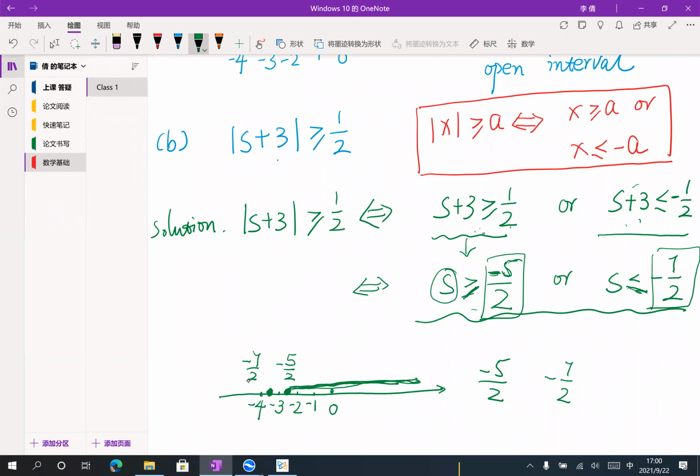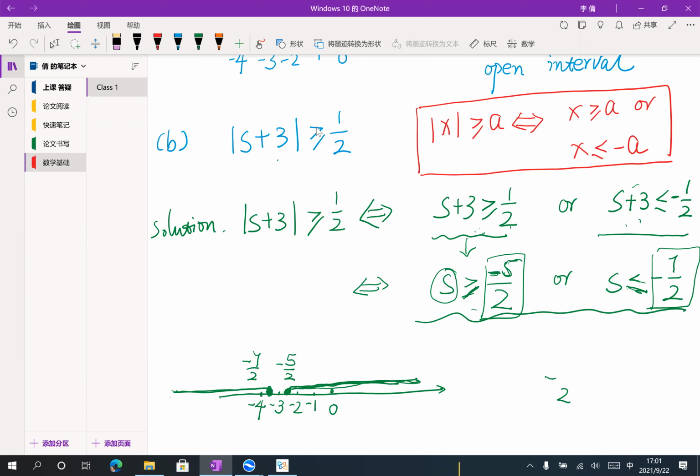And S can be smaller than or equal to minus 7 over 2, so all the numbers on the left of this point are a solution to this inequality. So we draw a line on the left of this point. This is the picture on the real line.